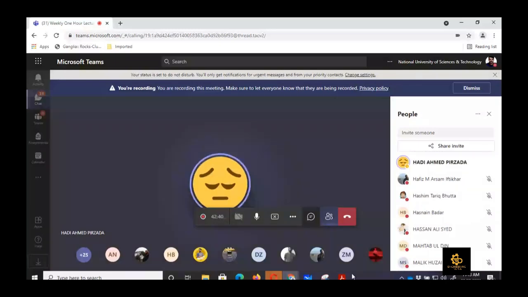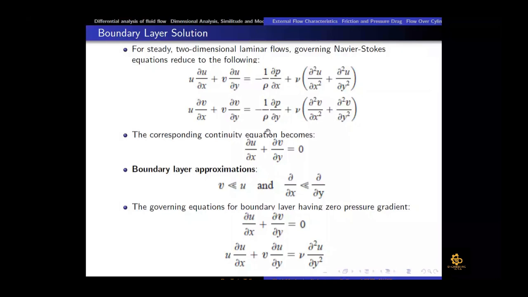Okay. So we were talking about the boundary layer assumption. If we put these two assumptions in the v momentum equation, which is the second equation here: because the v velocity is very small, and the gradient along x is very small, partial v by partial x would be equal to 0. So the first term would be 0.